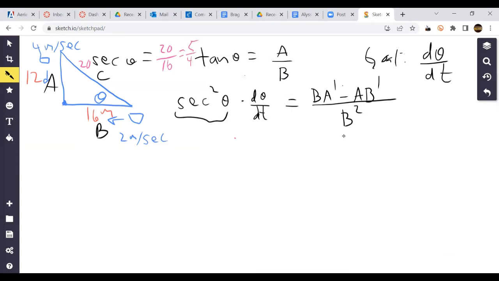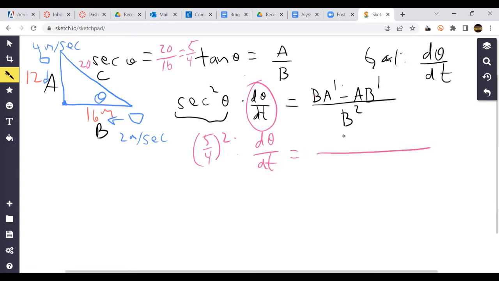So here in our main equation, with the goal being this, let's turn everyone else into actual numbers. Secant of theta is 5/4, but that needs to be squared. And then we have times our goal, d theta dt, equals, well, what's B?